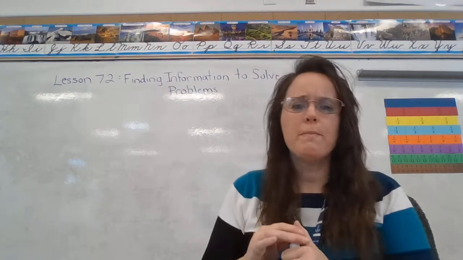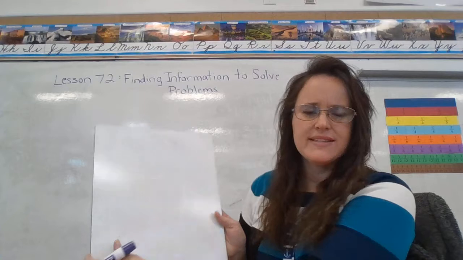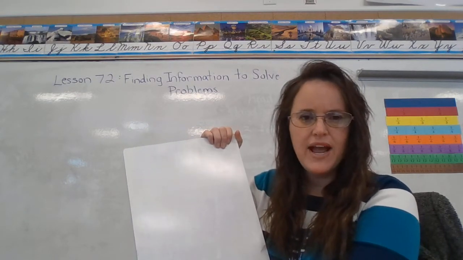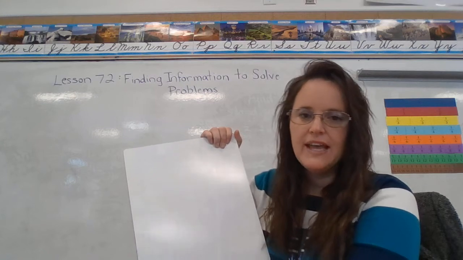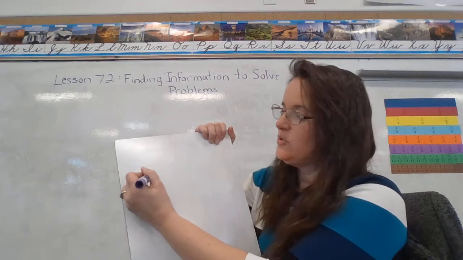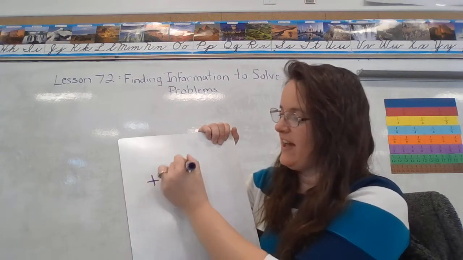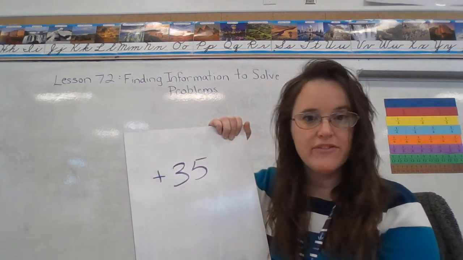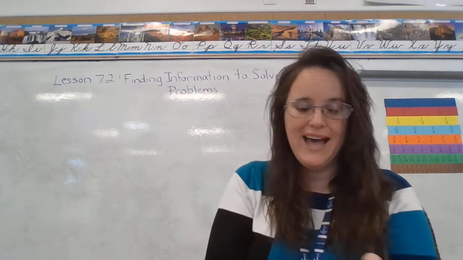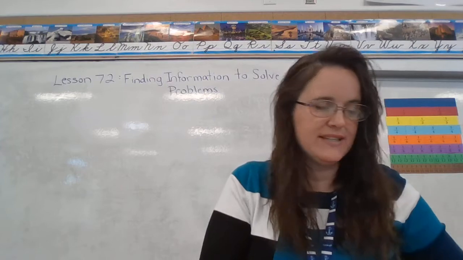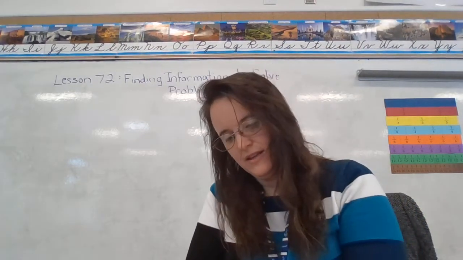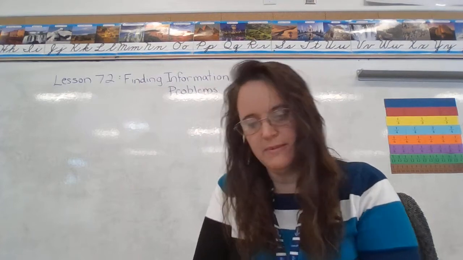How do we show more than with math symbols? Are we going to add, subtract, multiply, or divide? If he got 35 more, we need to add 35 votes to whatever the starting number was. Okay? So I'm going to highlight that information because that's a key bit of information in this problem.